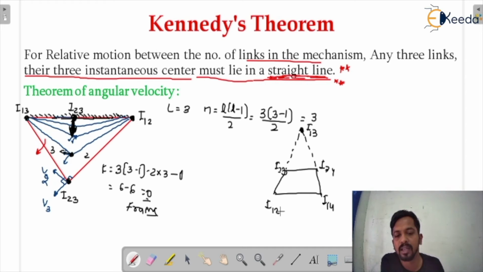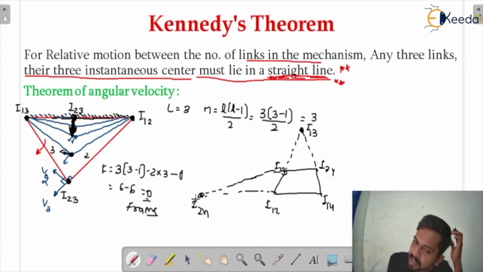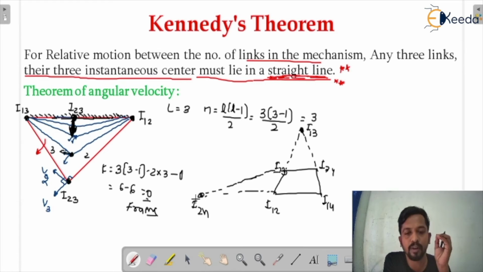Here you can also see that three instantaneous centers must lie in a straight line. When you extend this line, you will get another instantaneous center, that would be I24. That means Kennedy's theorem says that for relative motions between the links in the mechanism, three instantaneous centers must lie in a straight line.